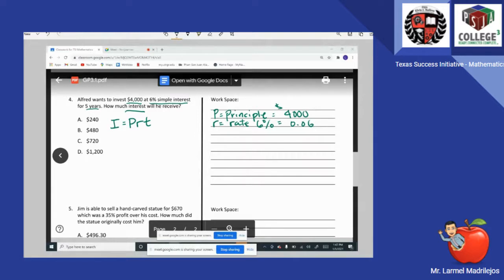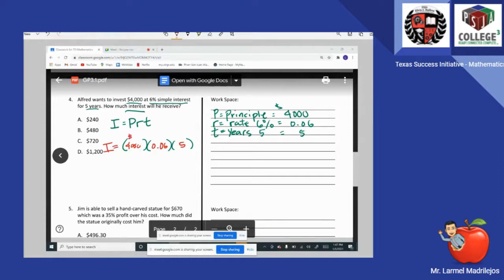And then your time in years is 5. I'll put 5 there. So I'm just going to plug in the values in the formula. My P is $4,000, my rate is 0.06 and my time is 5.